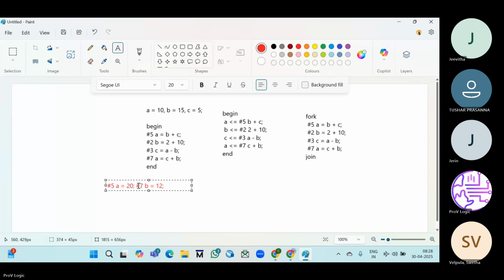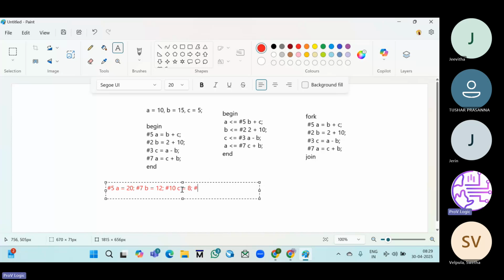And C is equal to 8 at 10 time units. Equal to 8 at 17 time units. Okay.